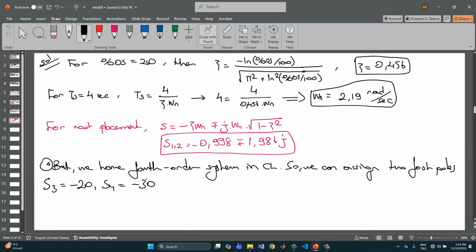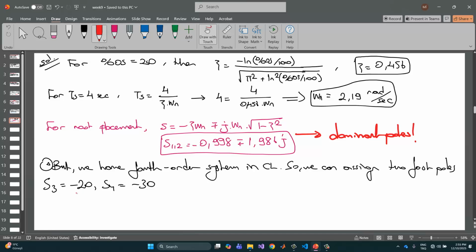What's the meaning of the fast in here? What's the meaning of the dominant pole? If we have the lowest real number in here, this system is slow, which means that this is the dominant pole. The main effect of our system is coming from in here, okay?